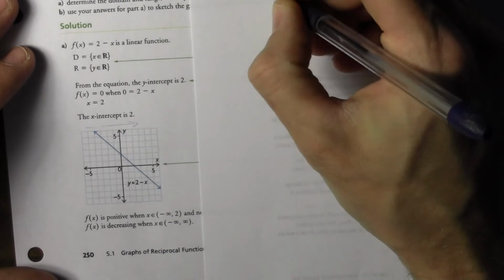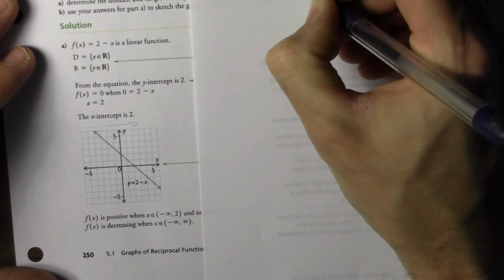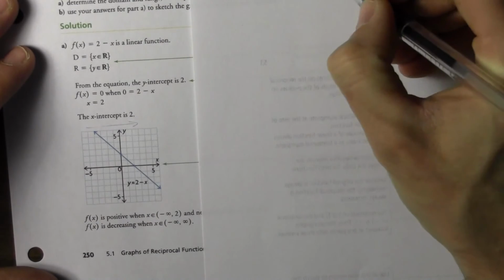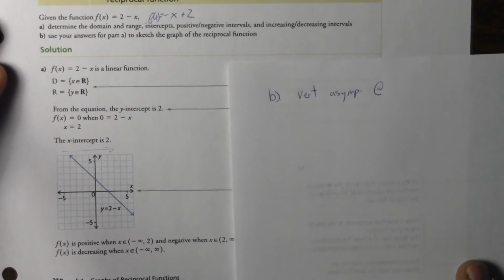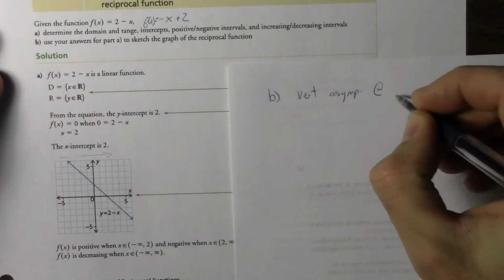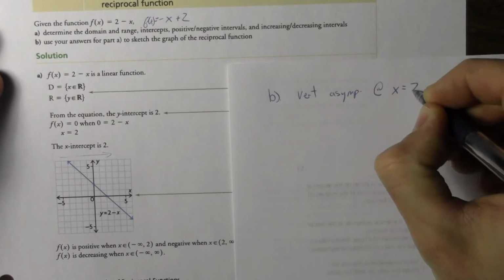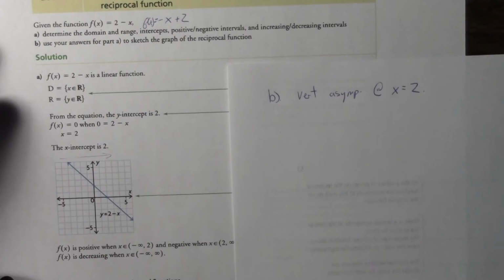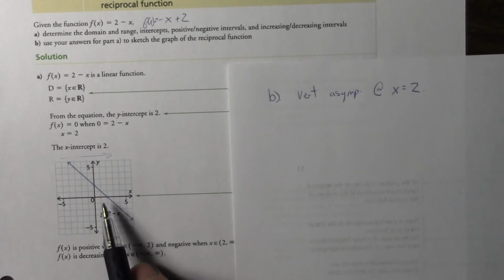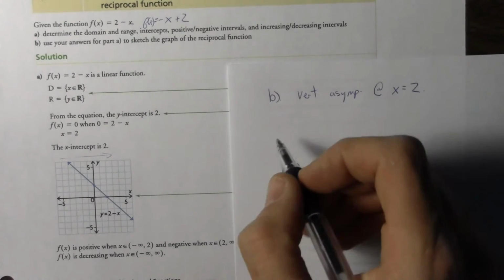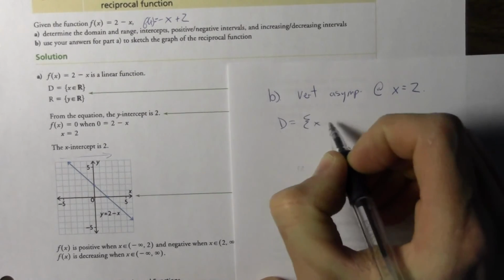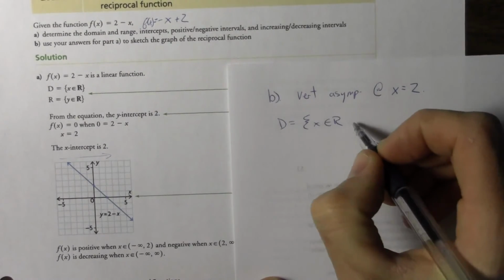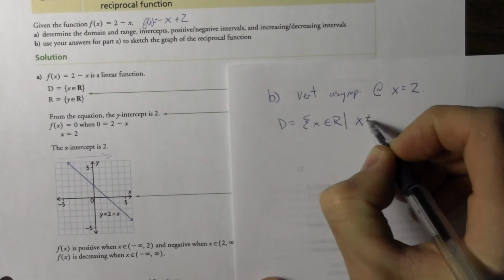So we have a vertical asymptote at x equals 2. Okay? That comes directly from our zero. If we have a vertical asymptote at x equals 2, our domain is going to be x in the real numbers, where x cannot equal 2.